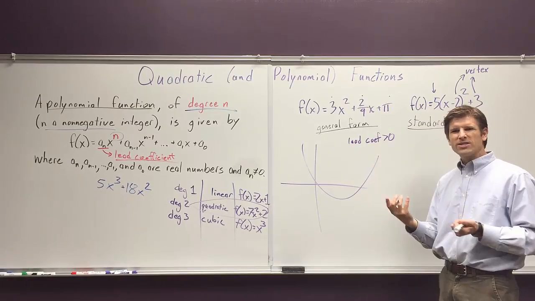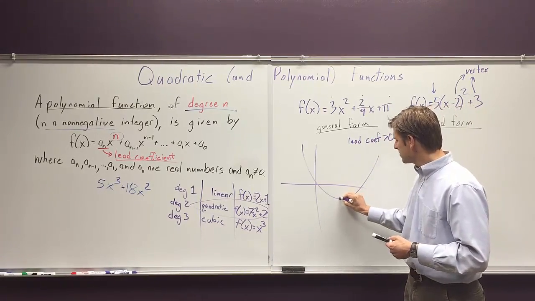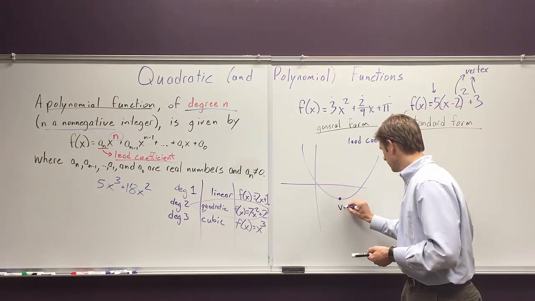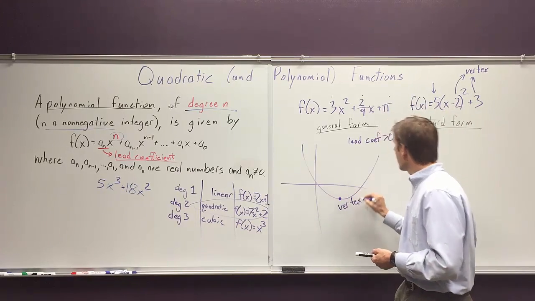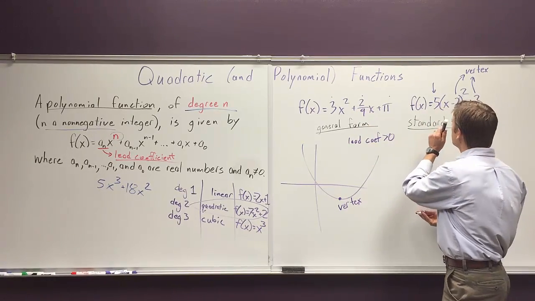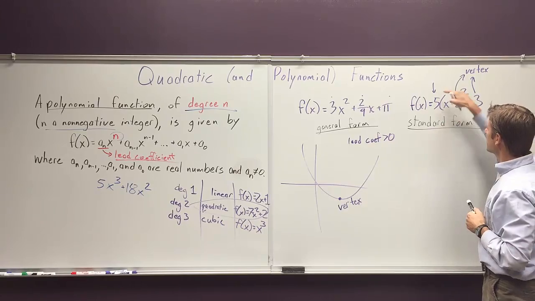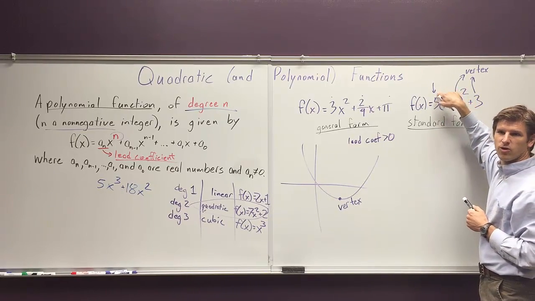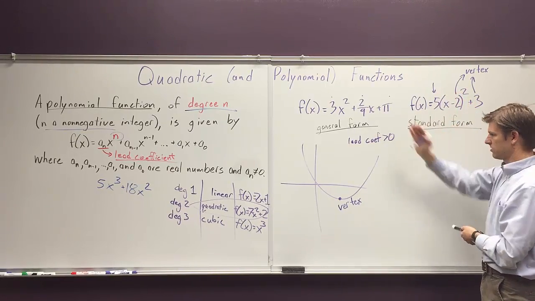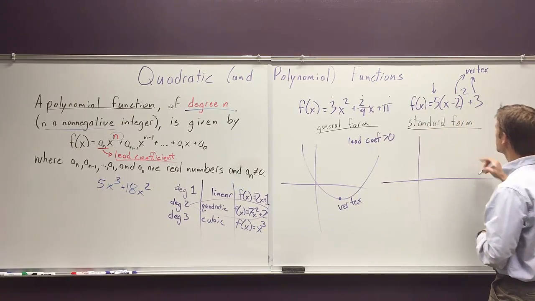Now, if you know it's cupped upwards, just sort of a really rough picture, wouldn't it be nice to know this point? That point is called the vertex. Over here, there's a little more work to find the vertex, but here, there's really very little work to find the vertex. Notice the lead coefficient is going to be 5. If you multiply it all out, it'll still be a 5 in front of the x squared term. So I know this is cupped upwards.